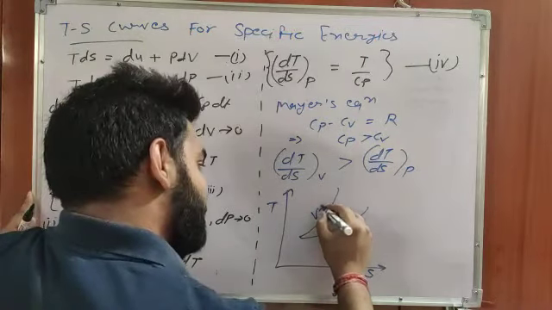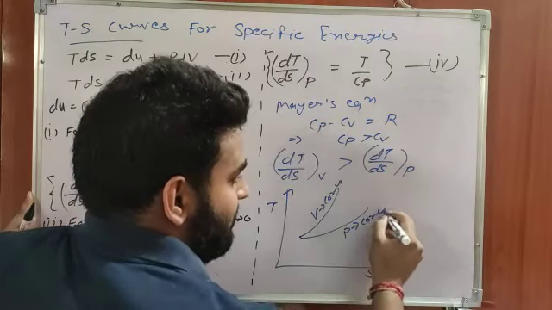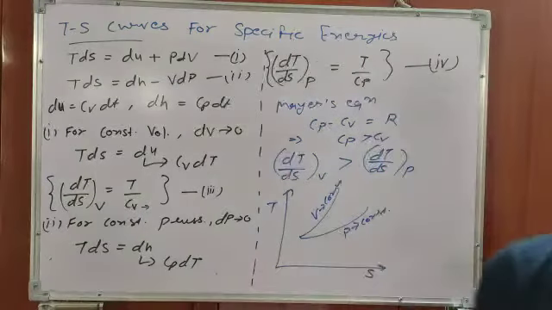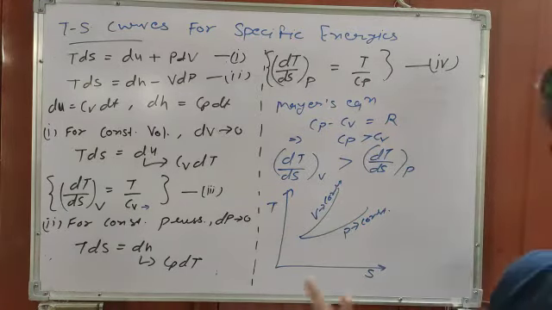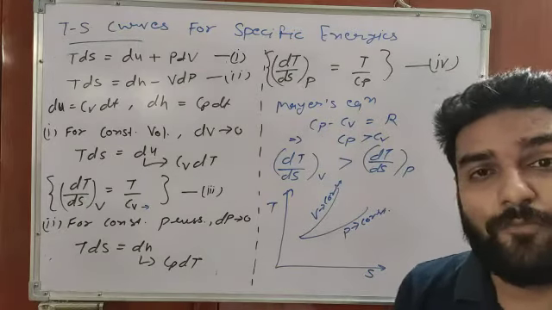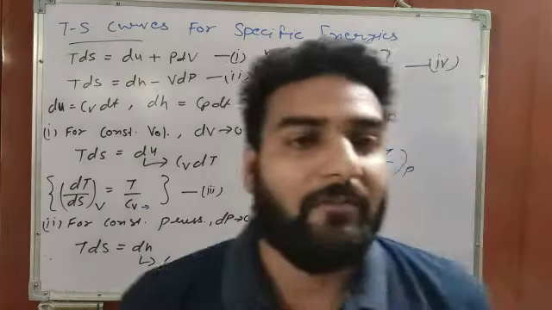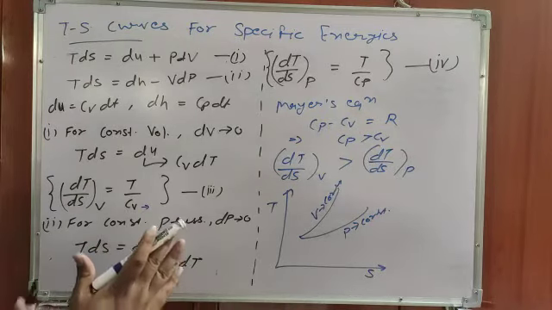So this is the V constant process and this is the P constant process. This is a very important relation. It can be asked directly in the examination that on a TS curve we have two processes, constant volume and constant pressure, and which process is steeper, that is, in which process the slope is more and in which process the slope is less.